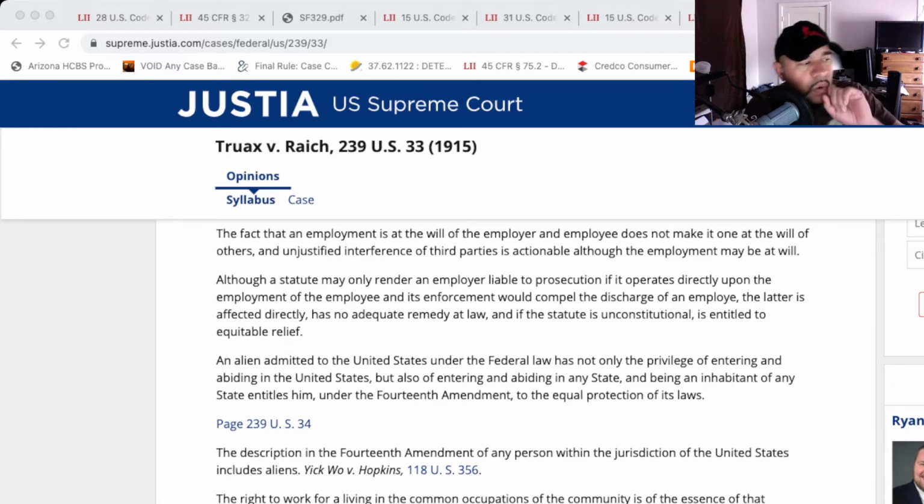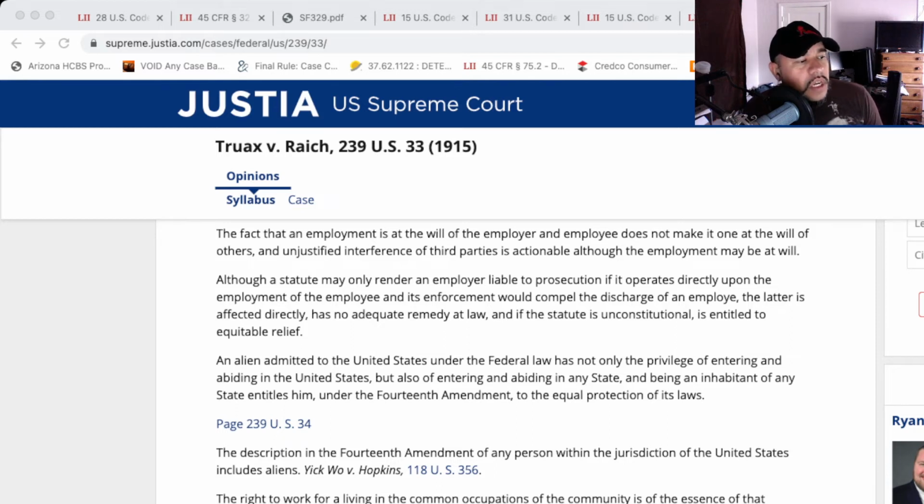So what we are saying here is that the employer has the freedom to exercise his judgment. In other words, he doesn't have to comply, right? Because it's a contract offer, right?